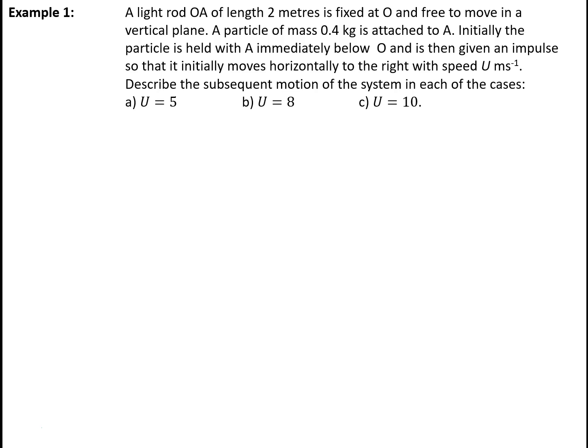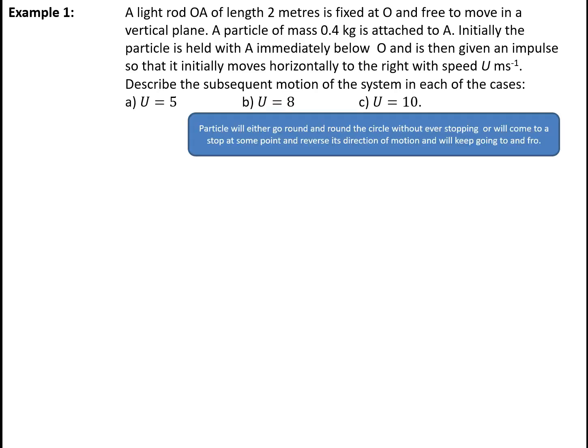On the other hand, if it's given a really large impulse, then it's likely that the particle and the rod will manage to go round in complete circles about the point O. So we need to convince ourselves first of all that the particle will either go round and round the circle without ever stopping, if it's been given a large impulse at the beginning, or it will come to a stop at some point and reverse its direction and will keep swinging to and fro about the lowest point.